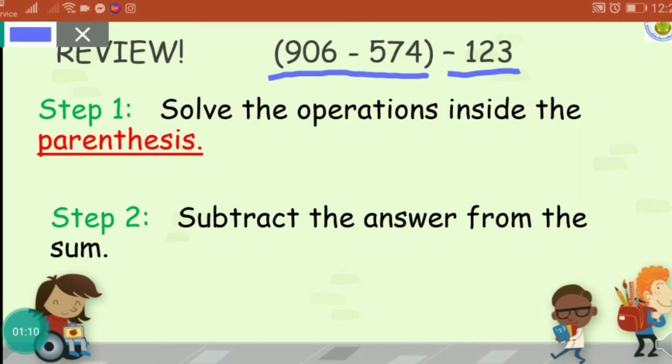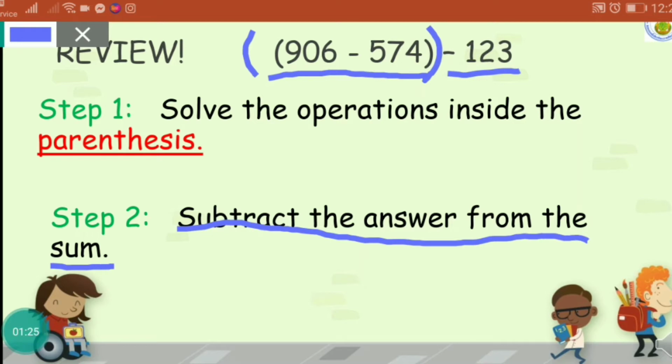So step number 1, again, we're going to solve the operations inside the parentheses. So we're going to answer that one first, and then step number 2, subtract the answer from the sum. So if you get the answer here, you're going to minus this 123.